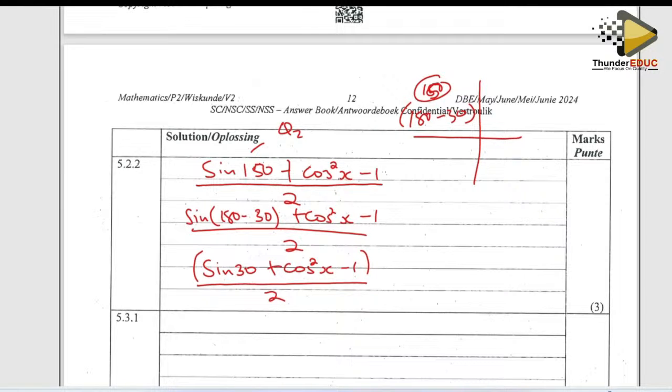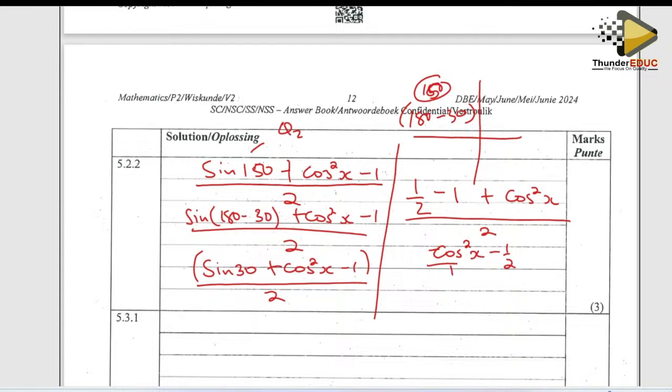But from our special angles, we know that the sine of 30 is a half. Now I'm getting a half minus 1 plus the cos squared of x, divided by 2. So a half minus 1 gives me negative a half, and then I have cos squared x minus a half.